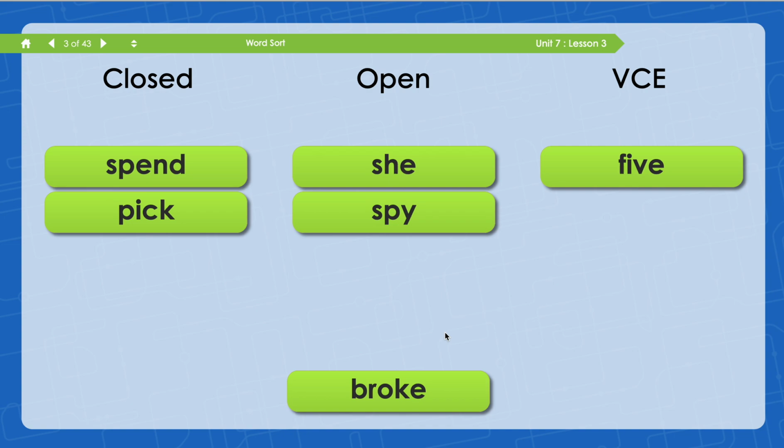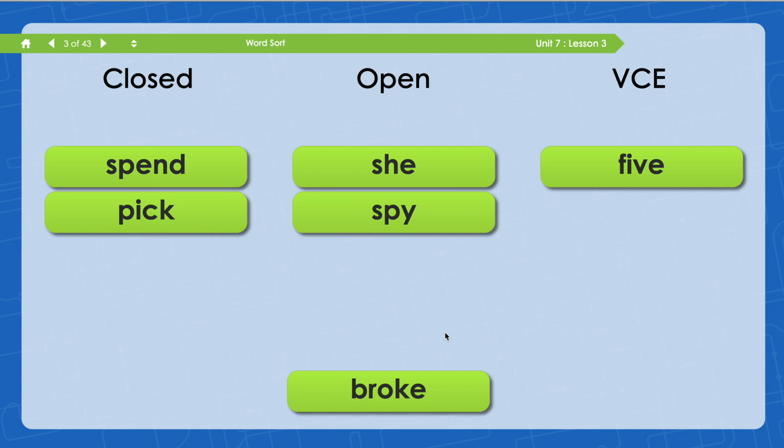B, r, o, k, broke. Now remember, if it was open, that would make a long E sound. Is that brokey? Have we ever heard of the word brokey? Think about it. No, I've never heard of that word. But I have heard of the word broke. Broke, right? So, let's take a look again. Broke.